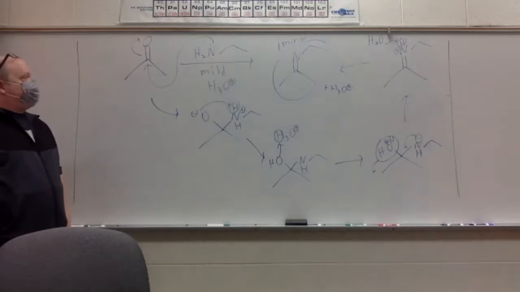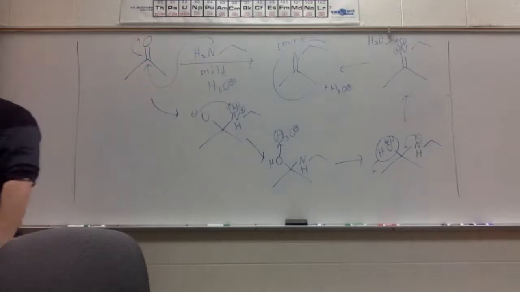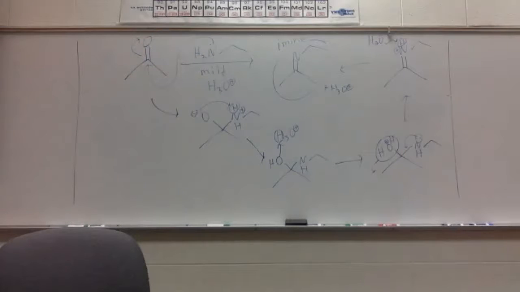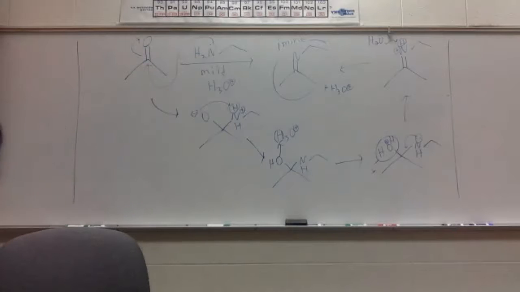Just leave off the H's. But the double bond is still intact. It's just going to be the nitrogen in this case. So there's a little bit of a shortcut if you're just looking to predict the product. Although, you should really know the mechanism.